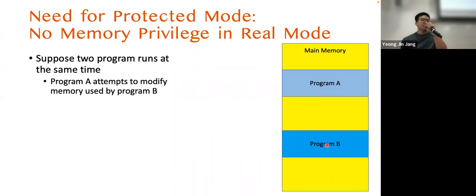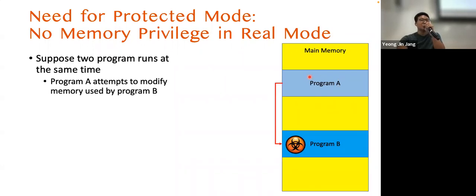But the problem is that in the real mode, there's no protection at all. Suppose in program A the developer makes a mistake, or maliciously inserts some bad code. If they know the address where program B's data and code are stored, they can alter the data and implement some malware.